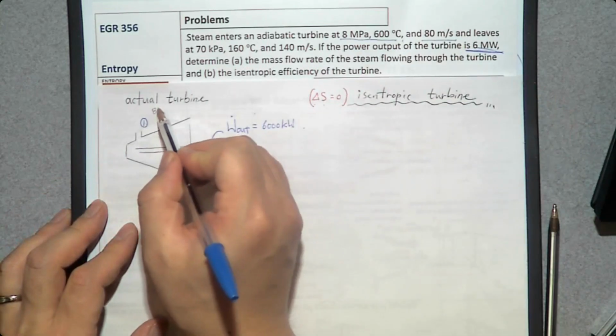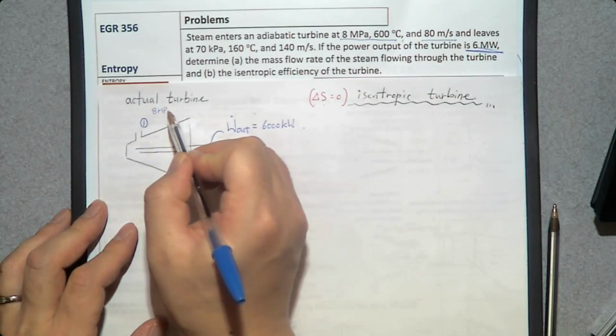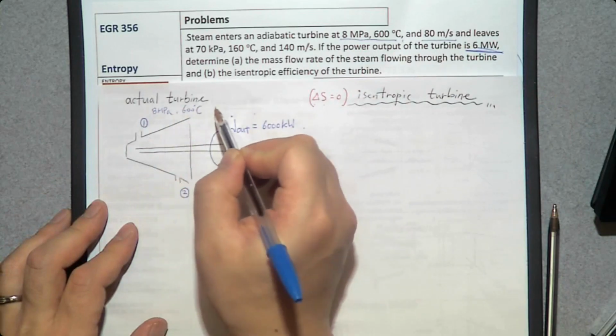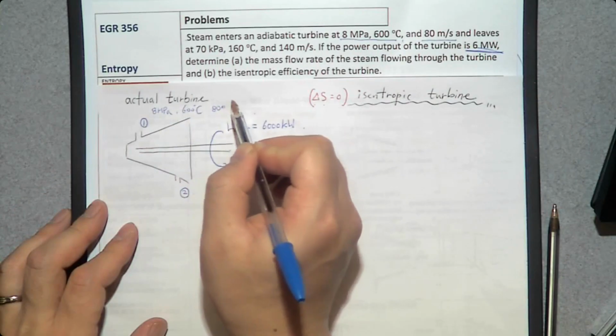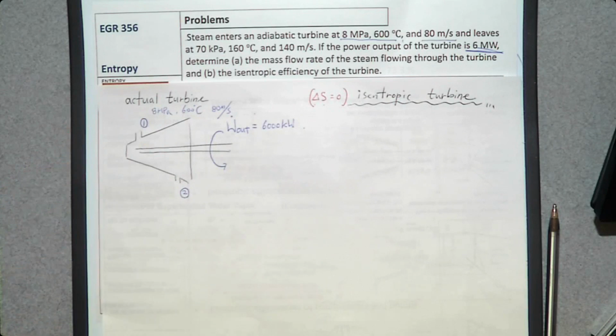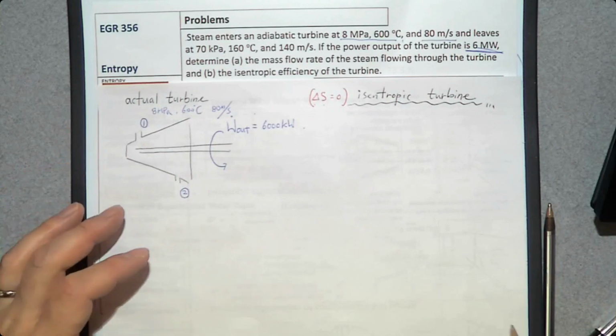So 8 megapascal, 600 degrees Celsius, and 80 meters per second. So we have the velocity, the average velocity of this stream. If the average velocity at the exit is different from the inlet, then we may need to consider the change in kinetic energy.